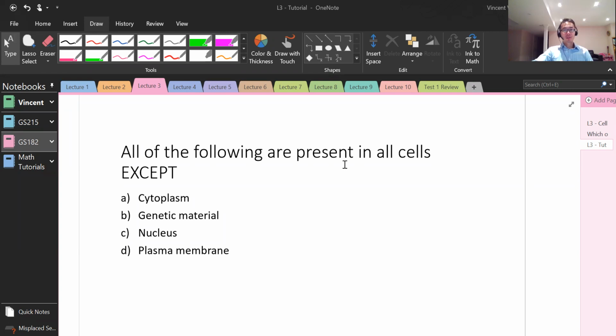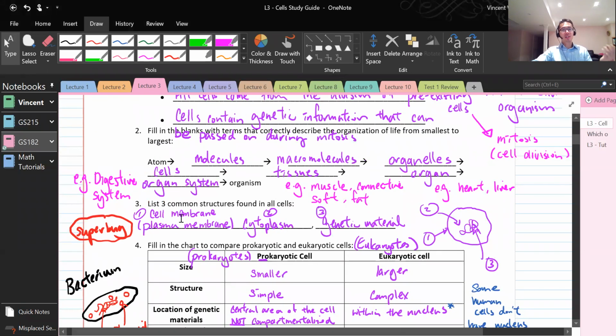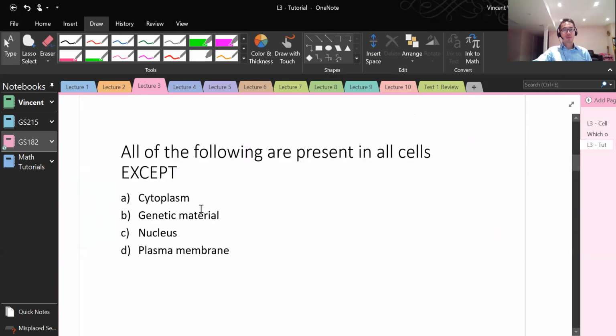All of the following are present in all cells except... we literally just did this question. List 3 common structures found in all cells: cell membrane, cytoplasm, genetic material. So the one that is not found in all cells would be the nucleus.